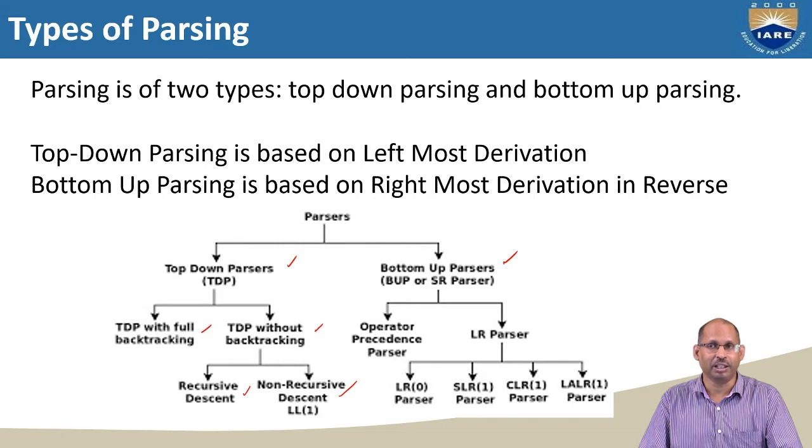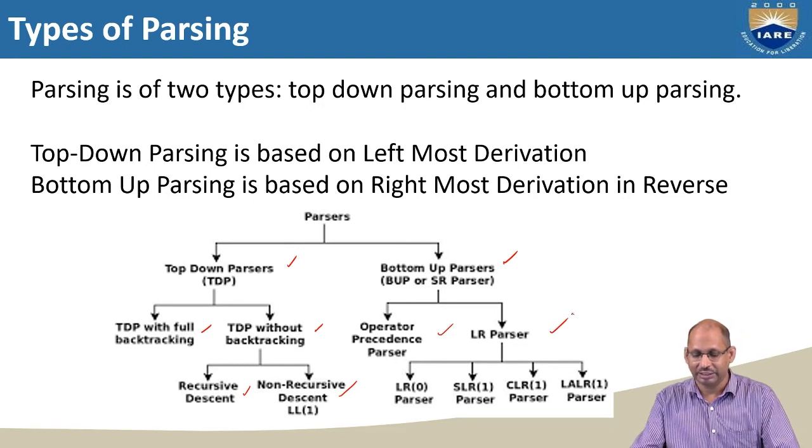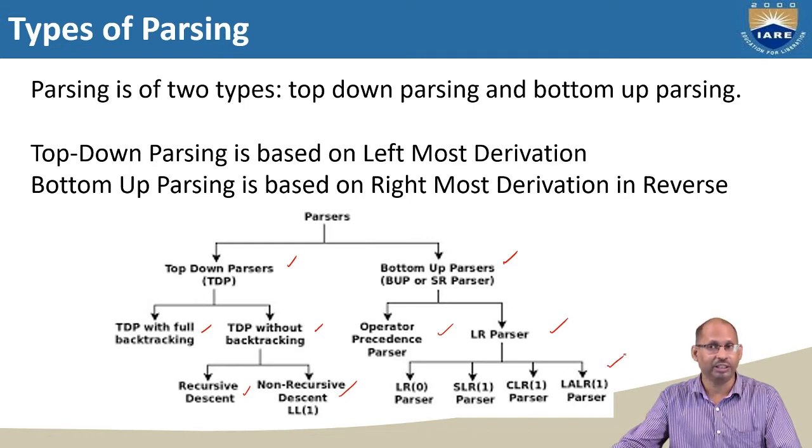In the bottom-up parsing methods, there are the operator precedence parser and LR parsers. These LR parsers are LR0, SLR1, CLR1, LALR1. So these are the different parsing methods.